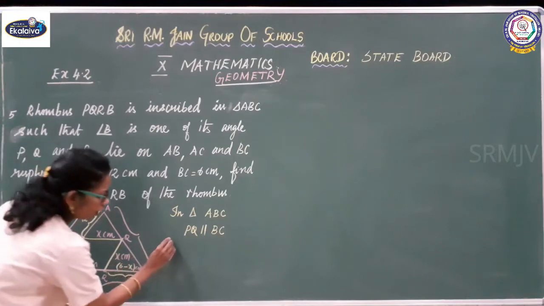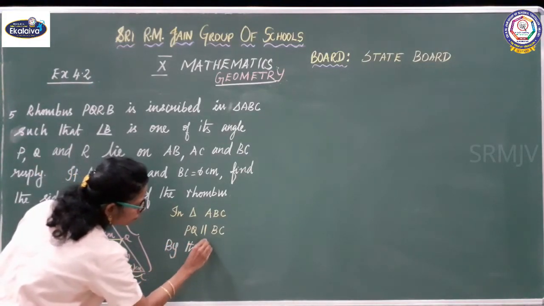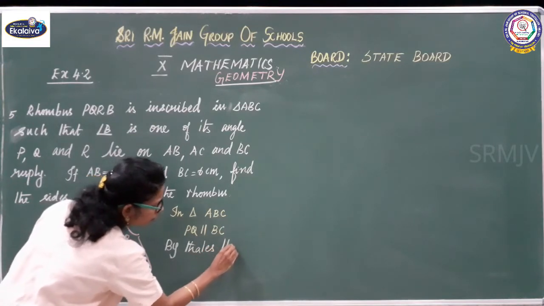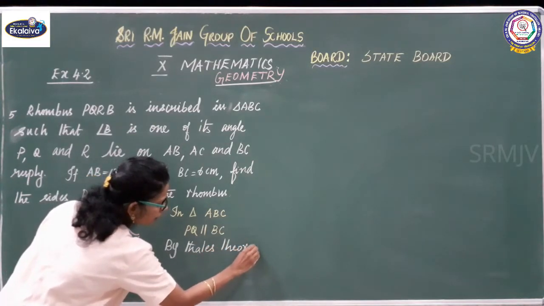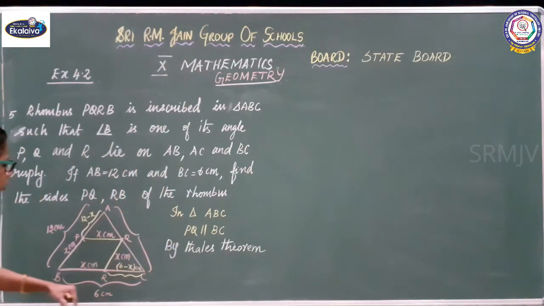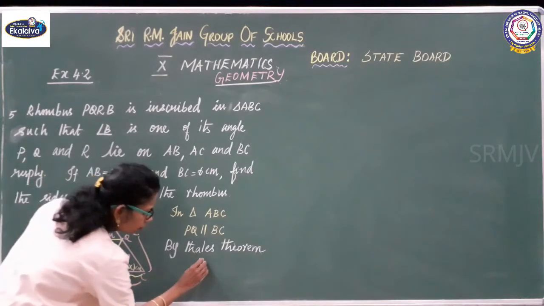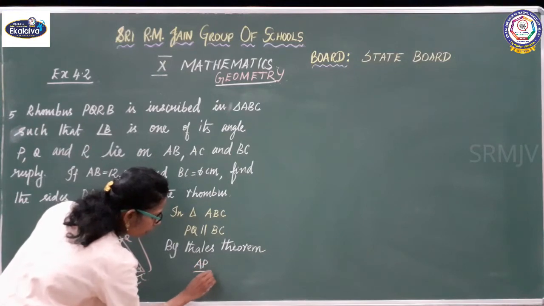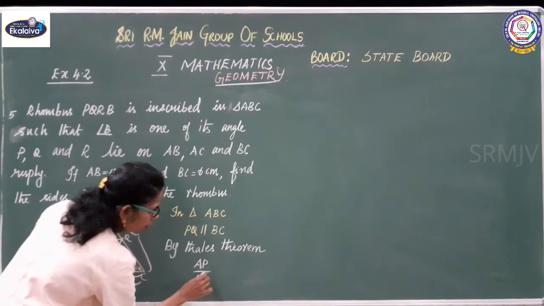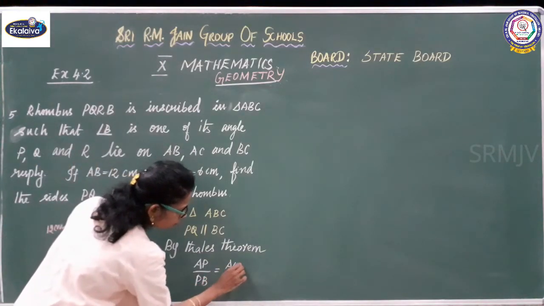By Thales theorem, or BPT, basic proportionality or Thales theorem, right? By Thales theorem, what is your thing? AP divided by PB equal to AQ divided by QC.